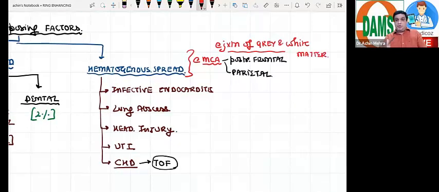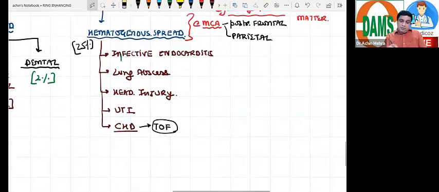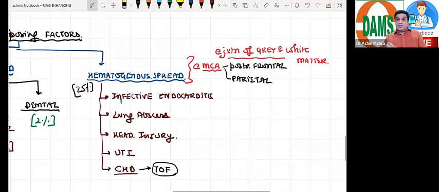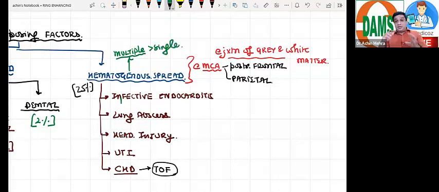Do remember this. Hematogenous spread accounts for brain abscess in around 25% of the cases. Most of the time, the hematogenous spread causes multiple brain abscesses rather than a single brain abscess. This we should remember. If you have a patient with multiple brain abscesses, think about hematogenous spread as the cause. That means it has come from somewhere else, right?